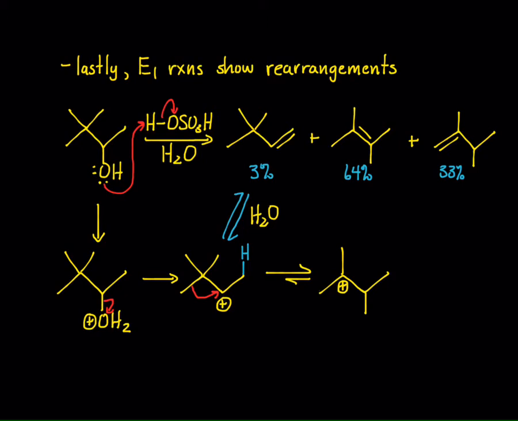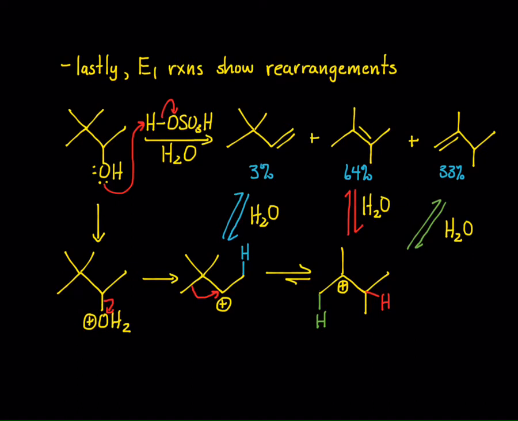Then I can undergo elimination. And notice with this new carbocation, I have 2 different types of hydrogens. I have a hydrogen here which I can remove with water and I form my major product, or I have a hydrogen on one of the methyl groups that I can remove with water and form the secondary major product, right?